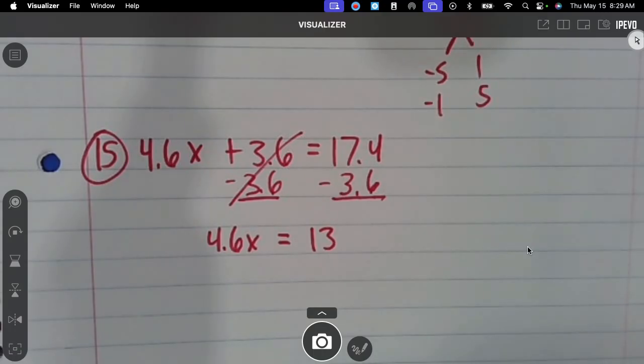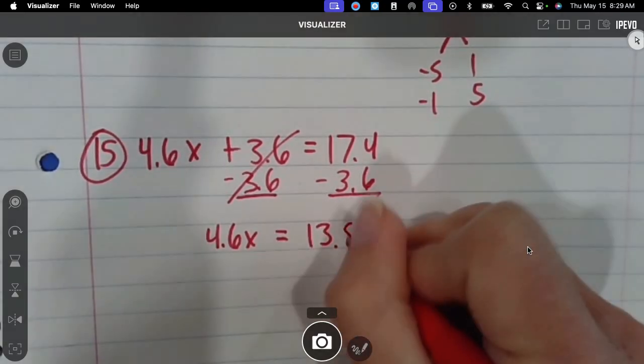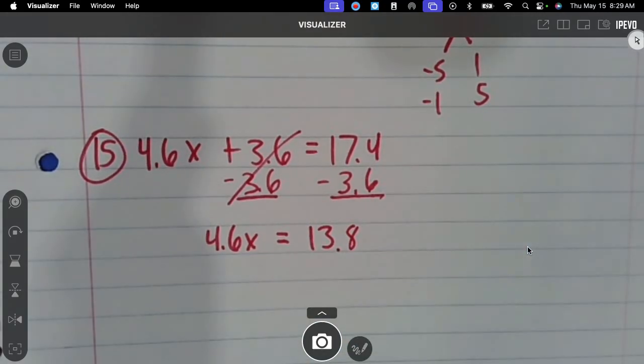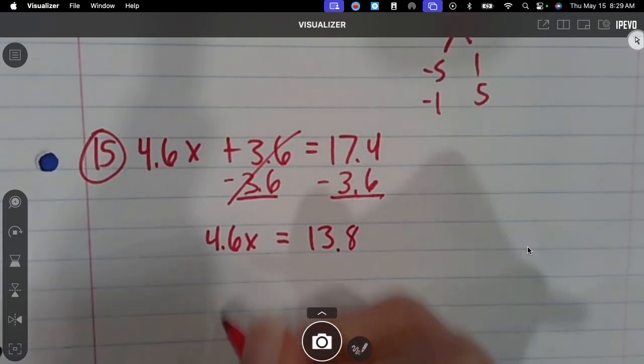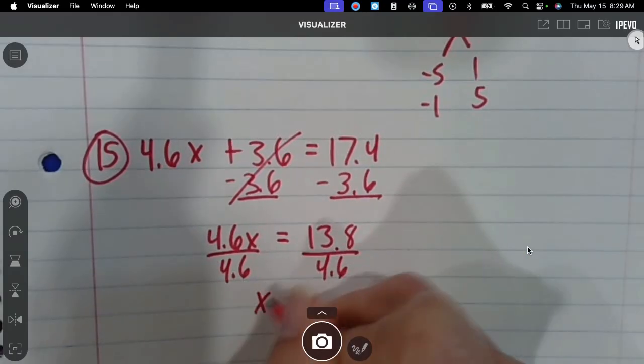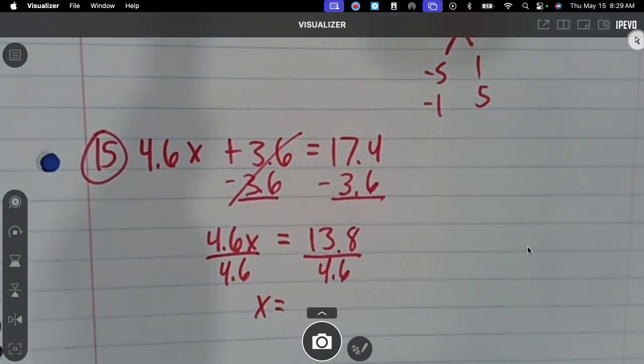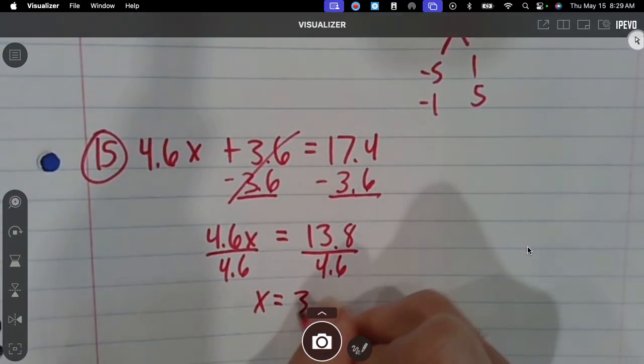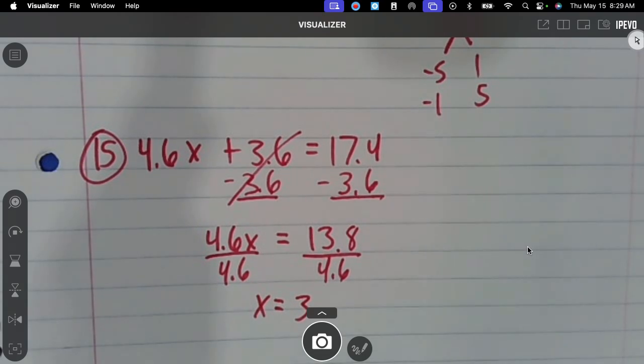I don't want to embarrass myself. It is 13.8. All right, then what do you do? Divide by 4.6. And our final answer is 13.8 divided by 4.6, 3. So that one is C.